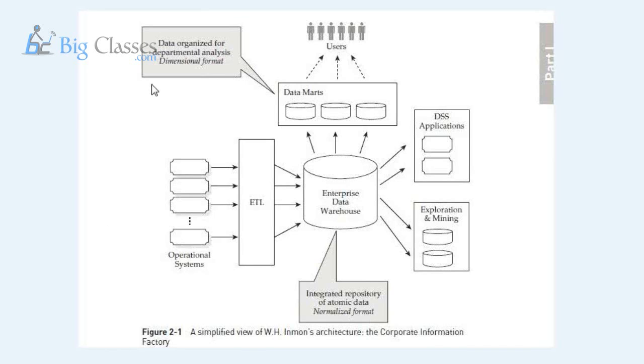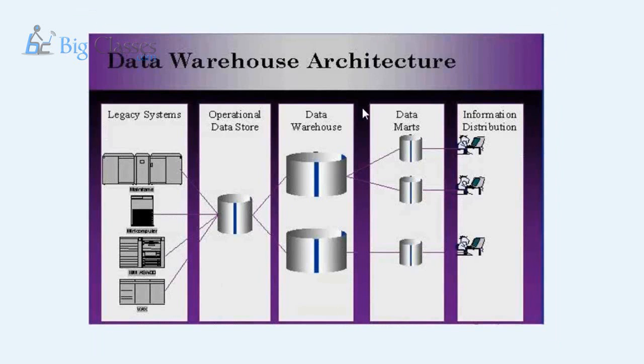So this is all about the diagram of the warehouse. One more diagram is there, which is also the same kind of diagram. Legacy systems are nothing but the source systems, the front end EBS side. We enter the data from legacy systems into the operational data source.